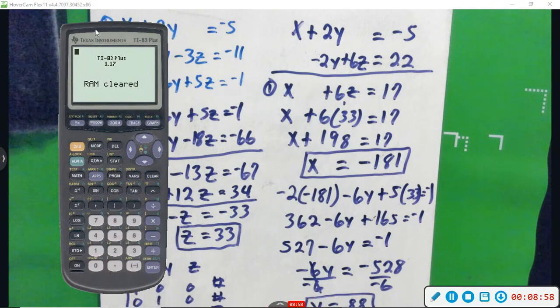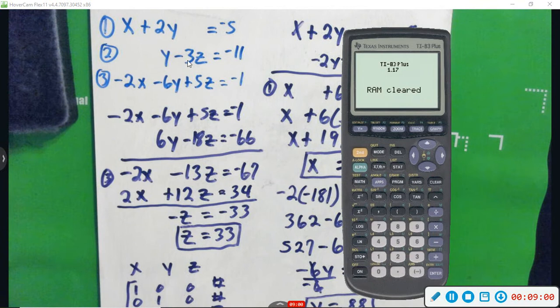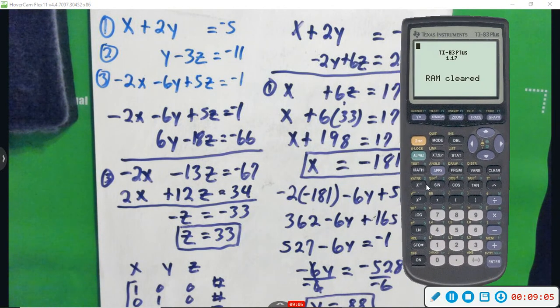Okay, so I need our original equations, and I'm only going to list the coefficients. So we're going to go to second, and then the matrix button right here, this x squared, and we get this. We're going to go over here to edit. We start on edit, and we're just going to hit enter on A.